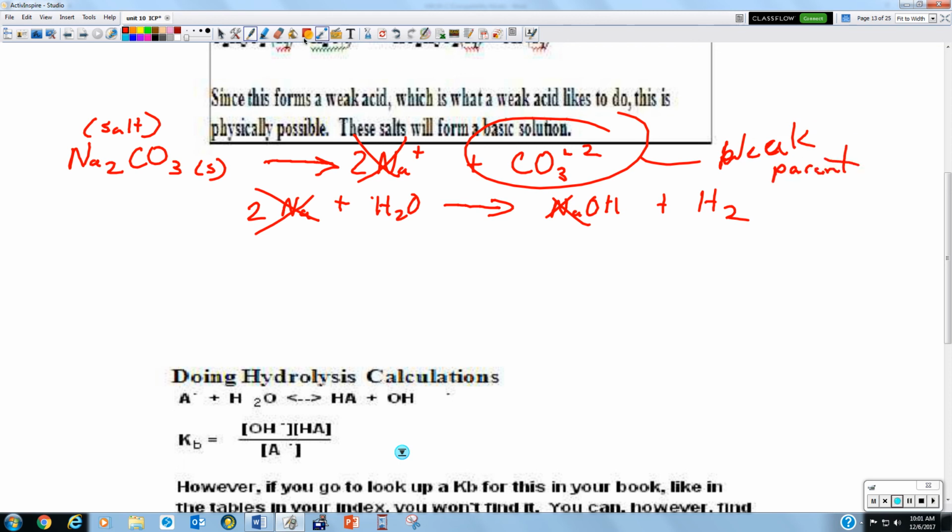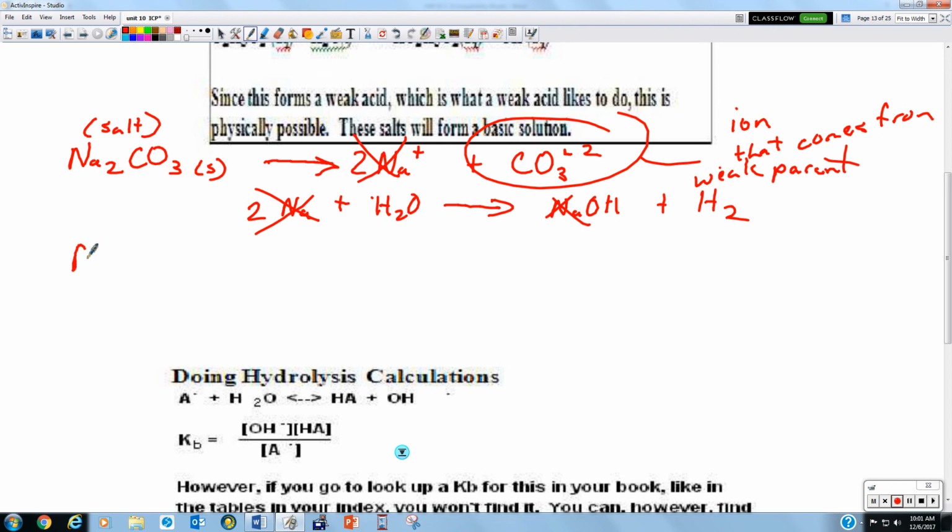And let me erase that and actually make it look like it says weak. From the weak parent. So this is the one that we're going to use in our rice table. So we're going to take that ion.